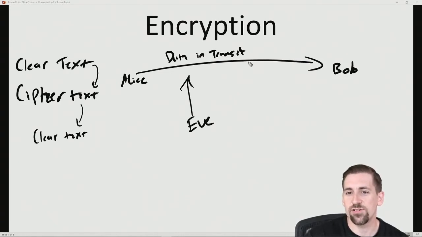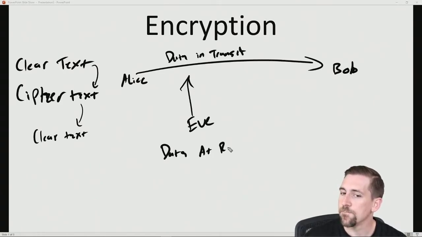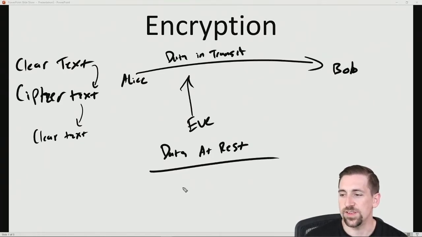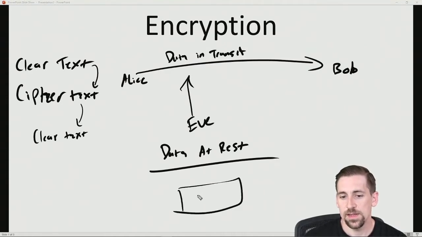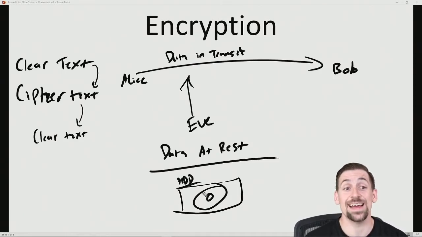We could also encrypt data at rest, right? And so this would be data in storage, right? Or on some sort of HDD drive. I tried to do my best for an HDD drive drawing there, and it just did not work, unfortunately.